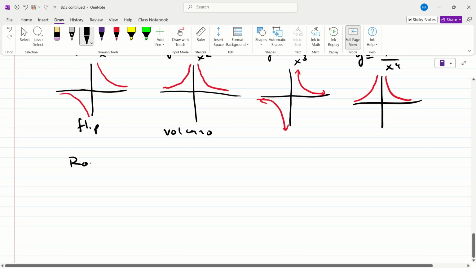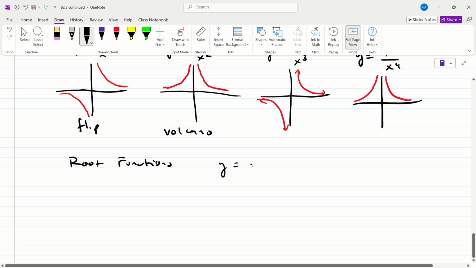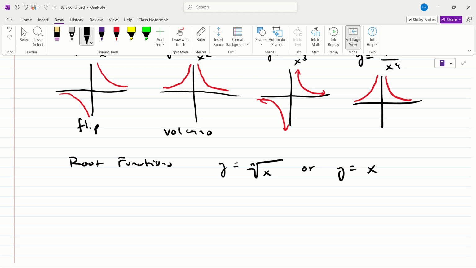Now let's take a look at root functions. For root functions, you can think of them as the nth root of x, or y equals x to the 1 over n power.